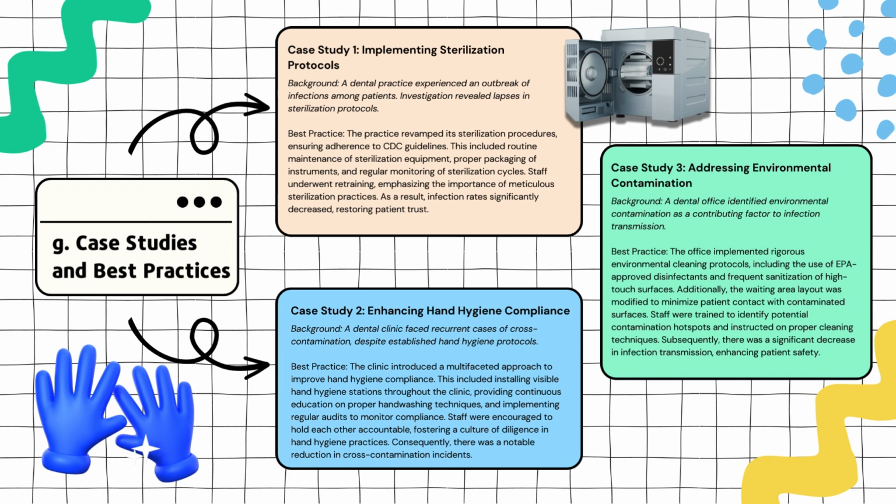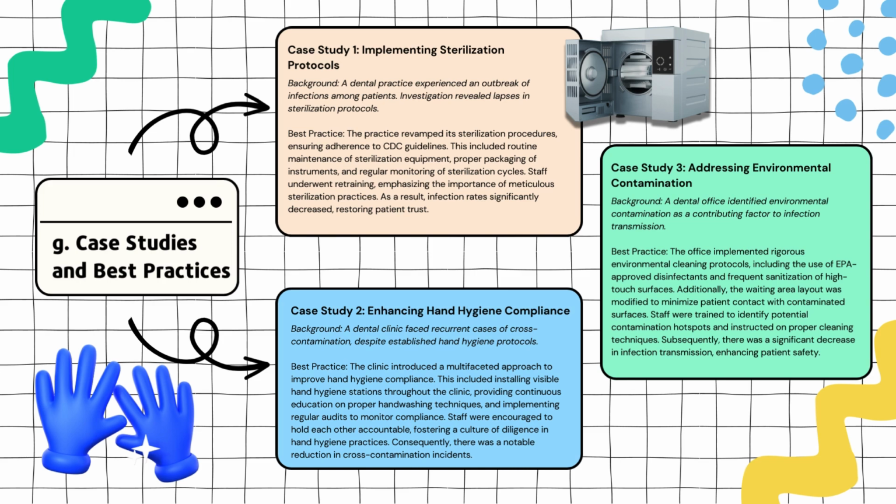Next, I will be presenting real-life case studies illustrating successful infection control measures. First, we have here implementing sterilization protocols. A dental practice experienced an outbreak of infections among patients. Investigation revealed that there were lapses in sterilization protocols. The practice revamped its sterilization procedures, ensuring adherence to CDC guidelines.